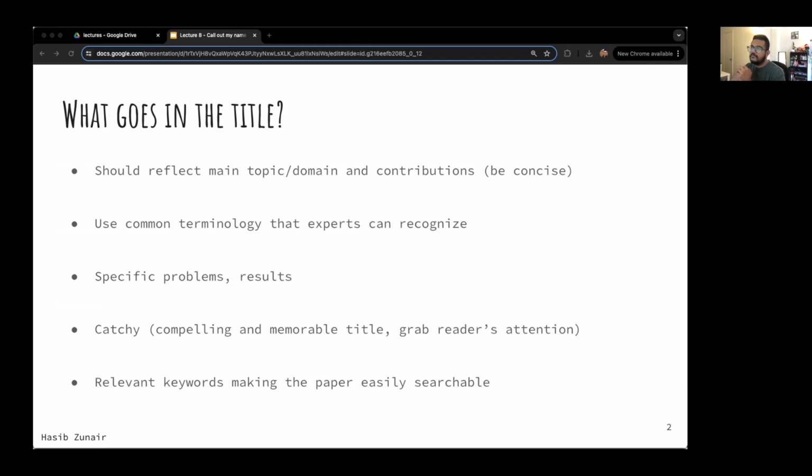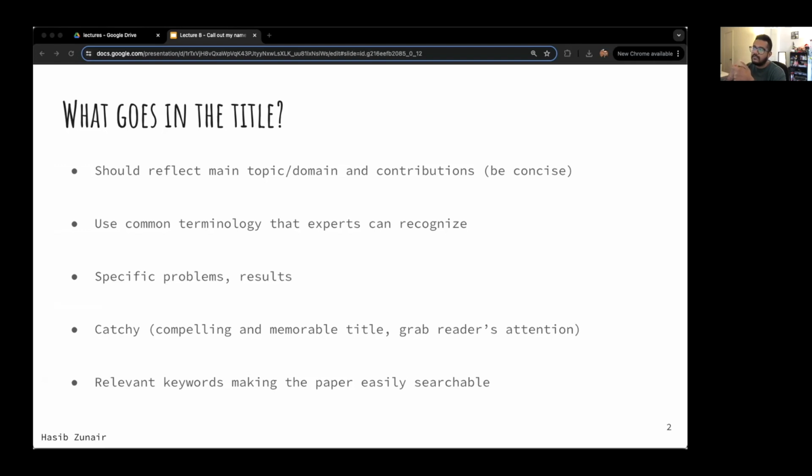You could also add words that are related to the specific problems in your topic that you are working on, as well as the results. An example of a problem would be for recognition. One specific problem would be occlusions, and another could be maybe dealing with small objects.